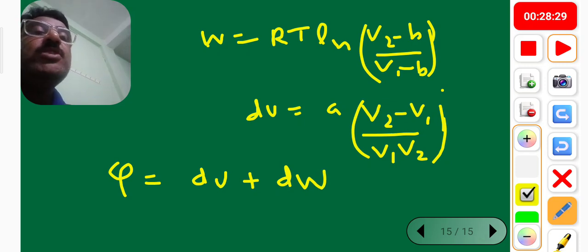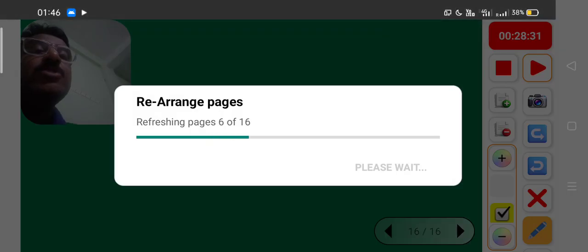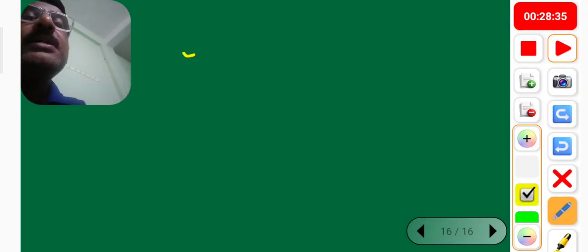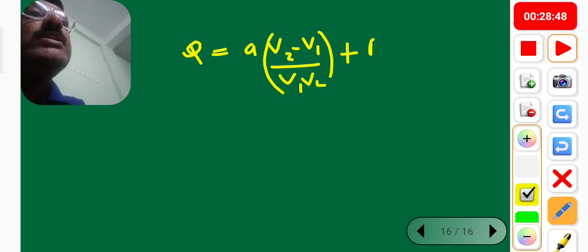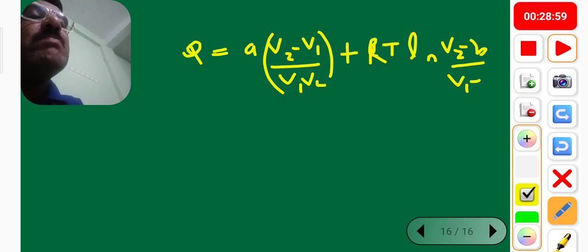If you substitute these values, you will get the Q value. Q is equal to A into V2 minus V1 divided by V1 V2, plus the work done, that is RT natural logarithm of V2 minus B divided by V1 minus B.